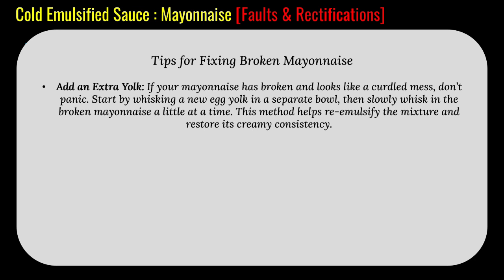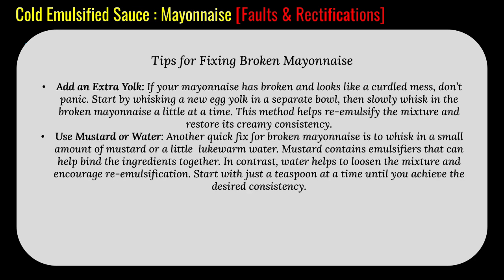This method helps re-emulsify the mixture and restore its creamy consistency. Take one egg yolk in an extra bowl, beat it with the curdled mixture drop by drop, and you'll get a re-emulsified sauce. Okay, so it's very easy to rectify.